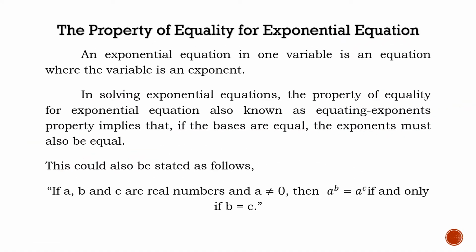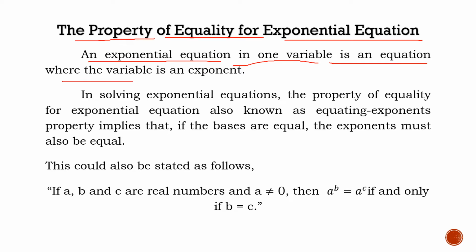Now let's deal with the property of equality for exponential equation. An exponential equation in one variable is an equation where the variable is an exponent. There is only one variable involved in your exponential equation, and that is your x variable.